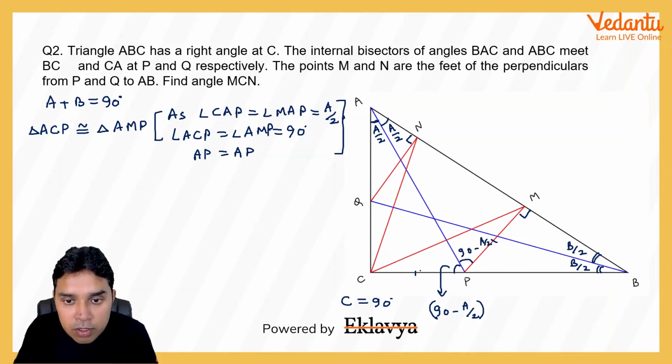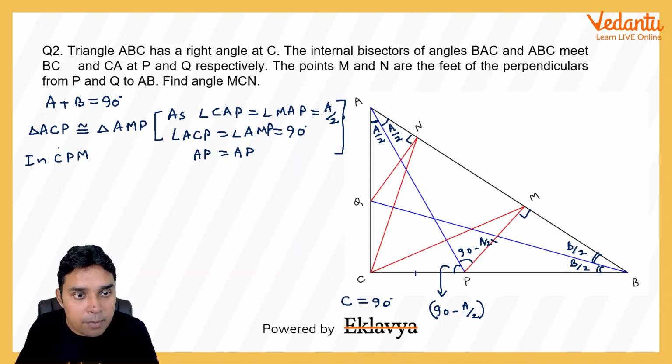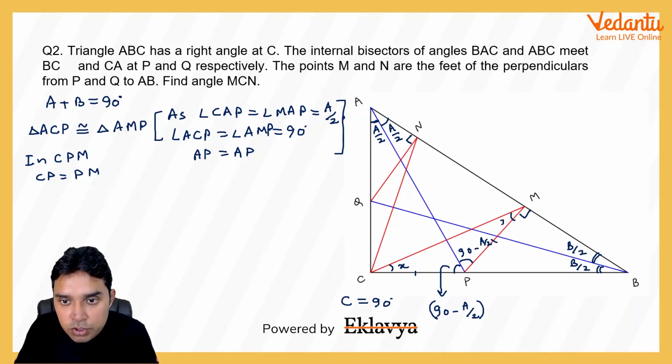Now please see this triangle CPM. Because CP is equal to PM, this angle here and the angle here should be equal. Let me call these angles x each. So these two angles will be x each, because these two sides were equal. Now in this triangle CPM only I am talking about.